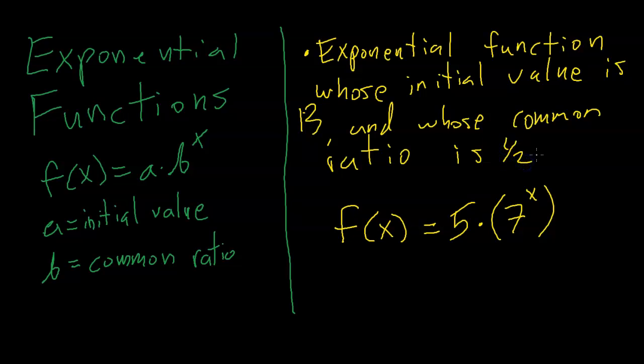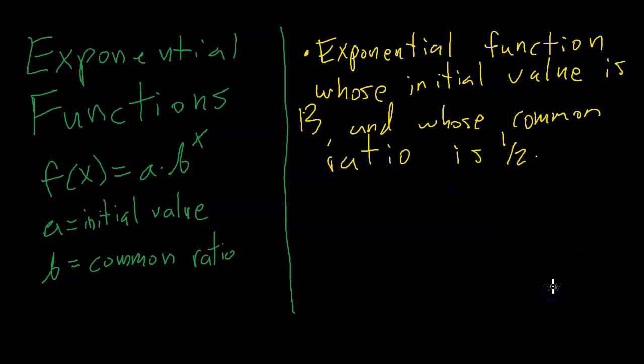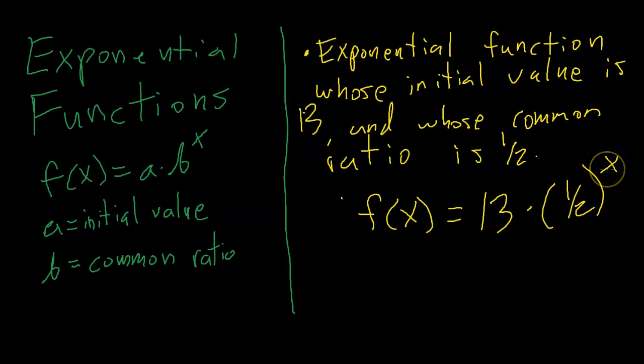We can have a common ratio less than 1. Initial value is 13, common ratio is 1/2. That's as easy as can be, right? F of x equals 13 times 1/2 to the x power. That's not so bad.